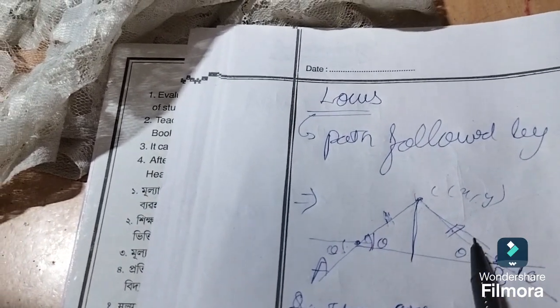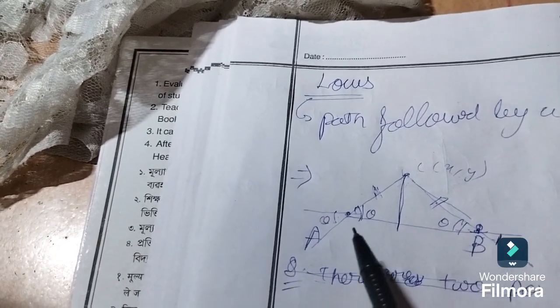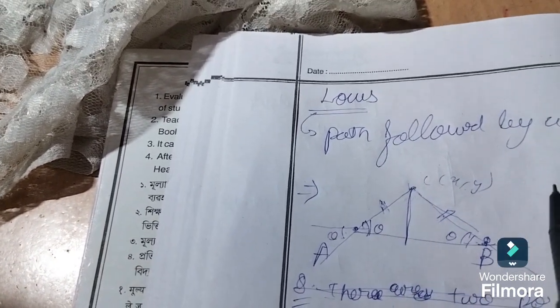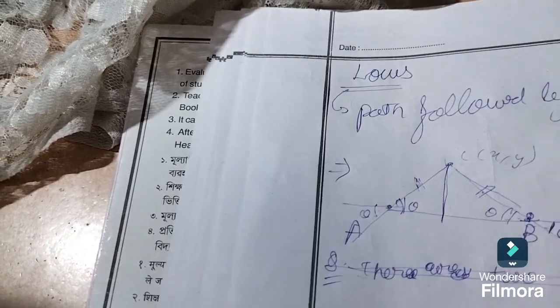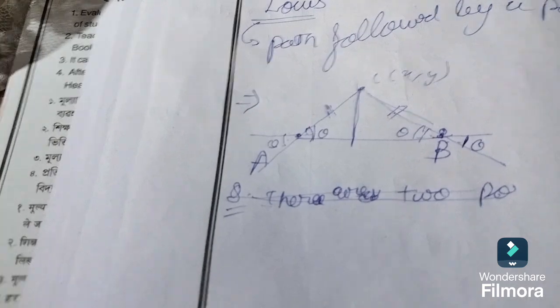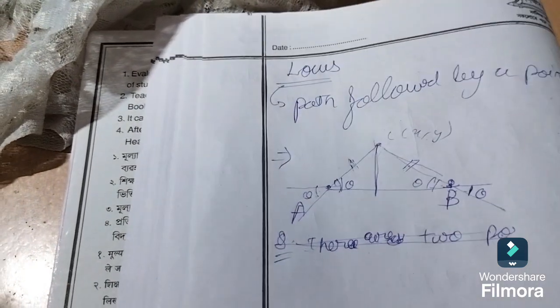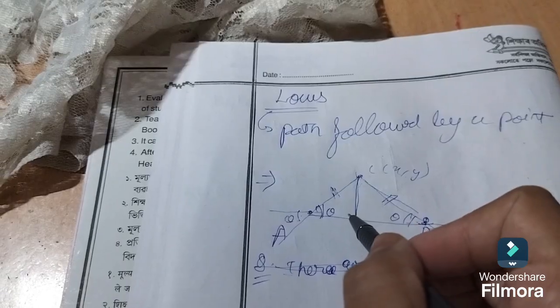So these two sides are equal. These two angles are also equal. So how can we predict which one is which? So actually what you do is you put here a perpendicular.